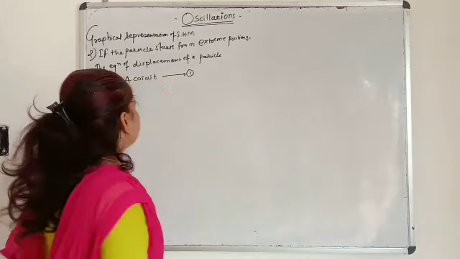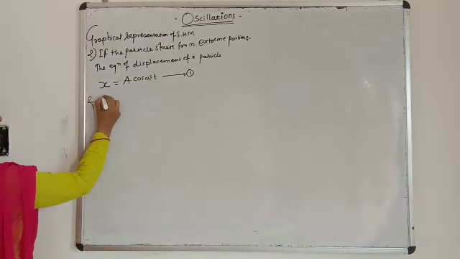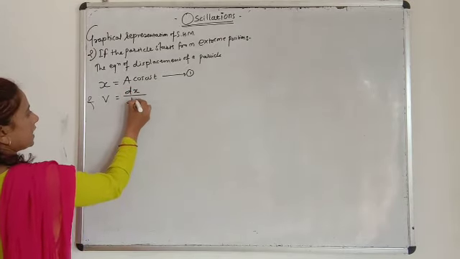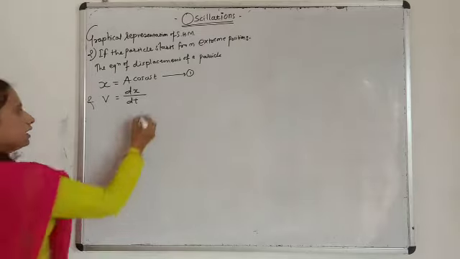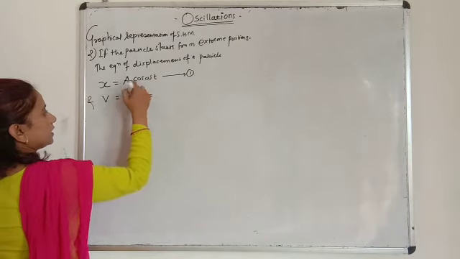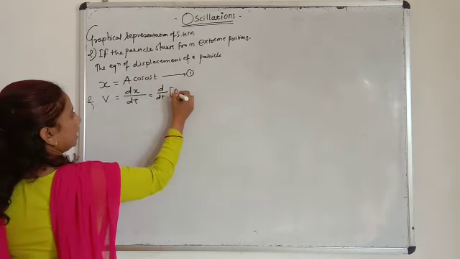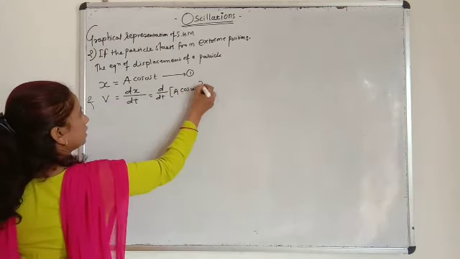So here, we calculate the velocity of a particle. What is velocity here? v equals dx upon dt. Put the value of x here, d by dt of a cos omega t.